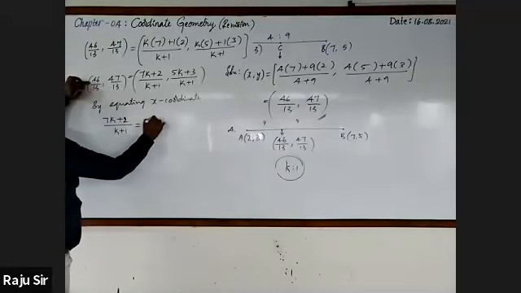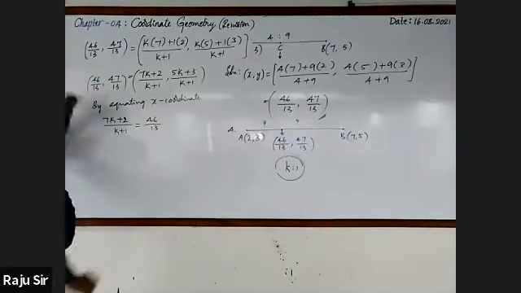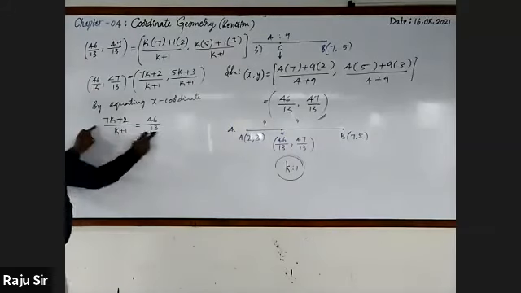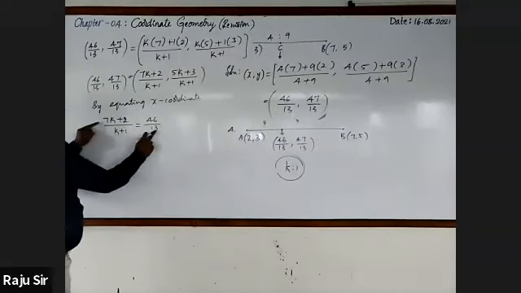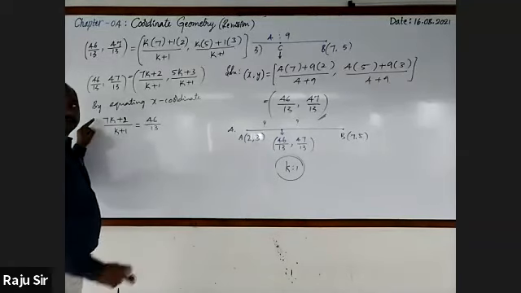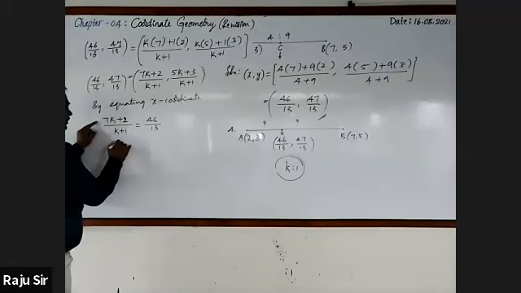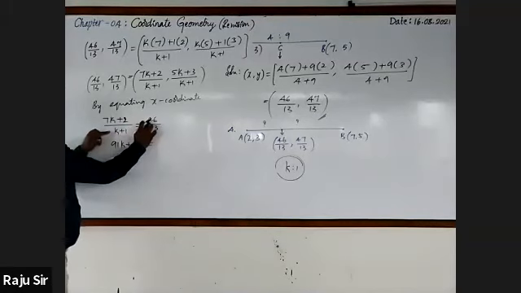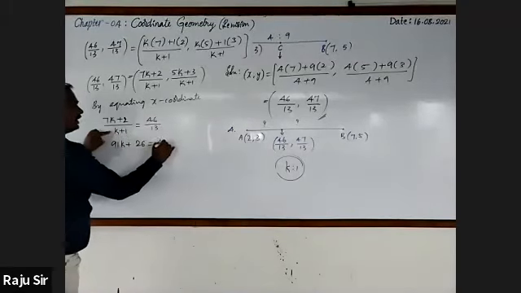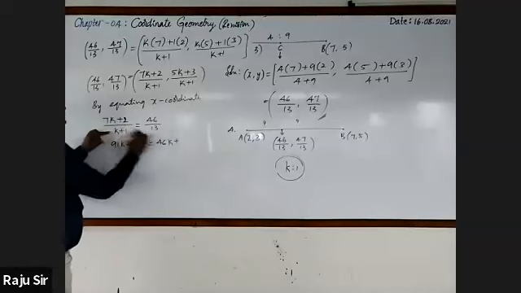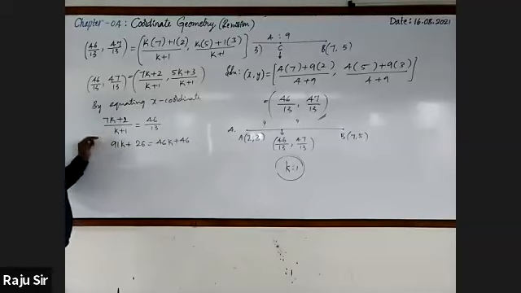Here the x coordinate is 46 by 30. Go for cross multiplication. Here 13 sevens are 91K. 13 twos are 26. Multiply 46 into K, 46K. 46 ones are 46.